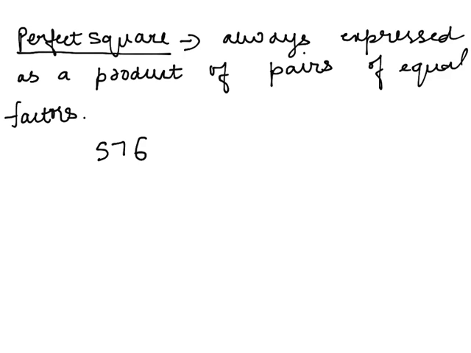So by prime factorization, how do we find the factors? We will find the smallest number by which we can divide 576. Clearly 576 is an even number, so we can divide it by 2.